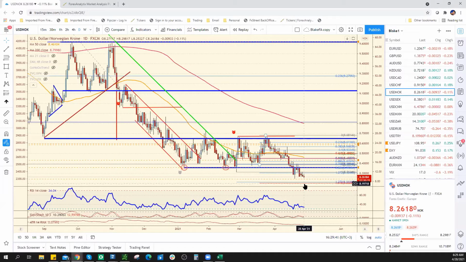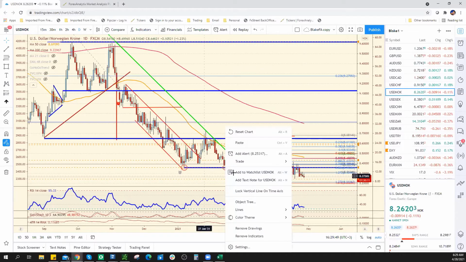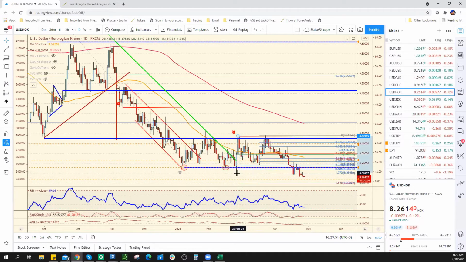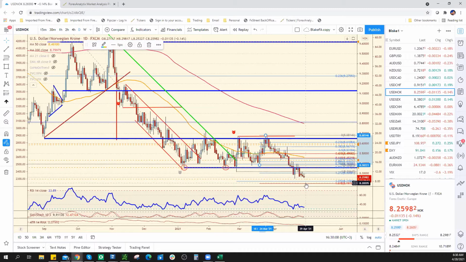And support will be at 820, which is the 161% extension of this move, also the 127% extension of this move. There's the low, that was the high following. The 127% extension for this move, the last move up towards the resistance, and the 161% extension come in right around the same level.